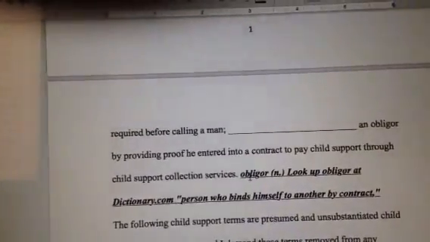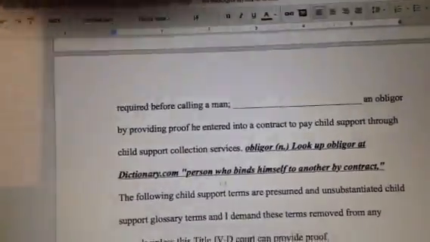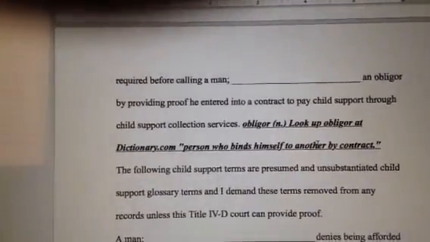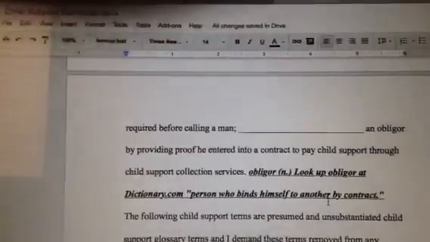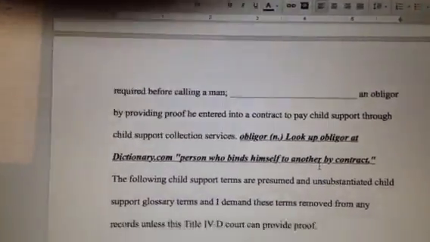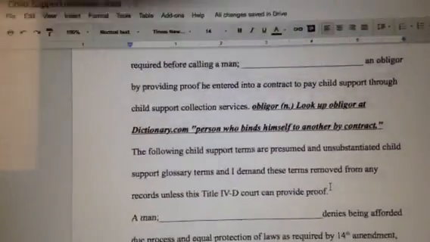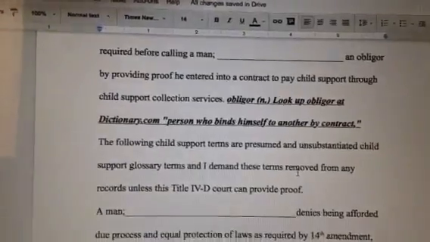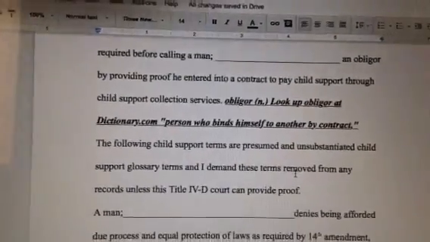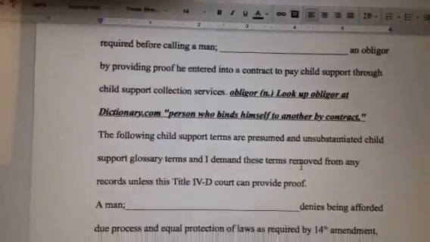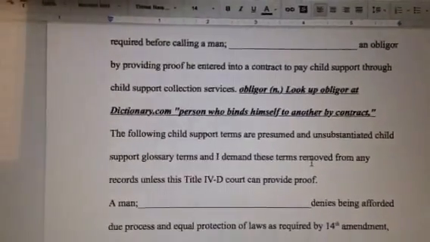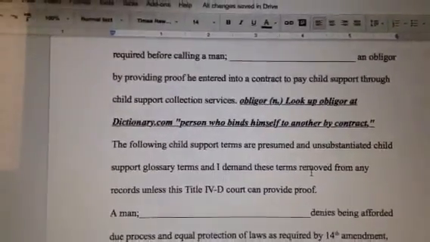Okay, and I put the definition of obligor: a person who binds himself to another by contract. Did you bind yourself by contract with child support enforcement agency? No. Okay, so they got to prove it. The following child support terms are presumed and unsubstantiated child support glossary terms, and I demand these terms removed from any records unless this Title 4D court can provide proof.